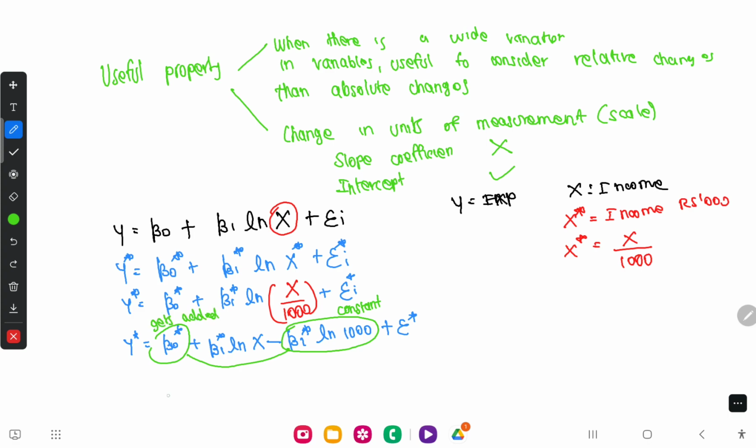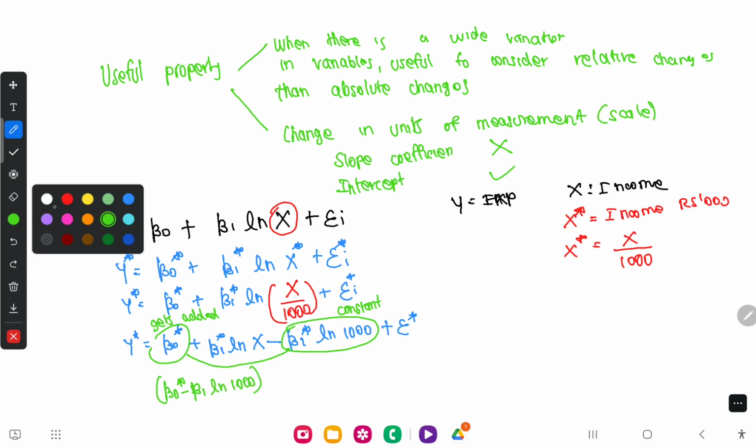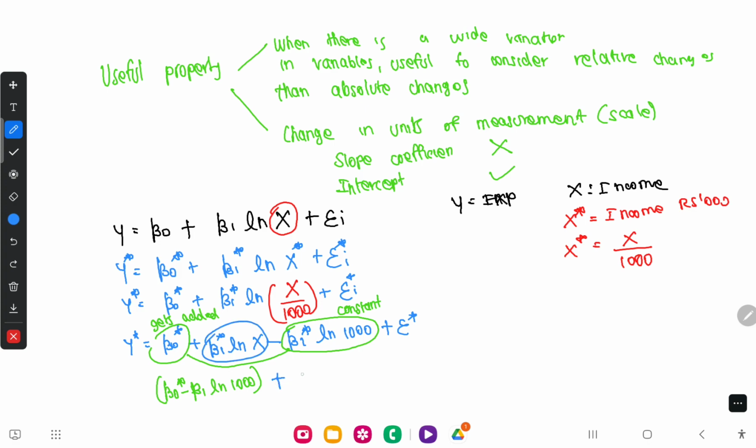So we can write beta naught minus beta 1 ln 1000, plus this one, beta 1 ln x, plus this.